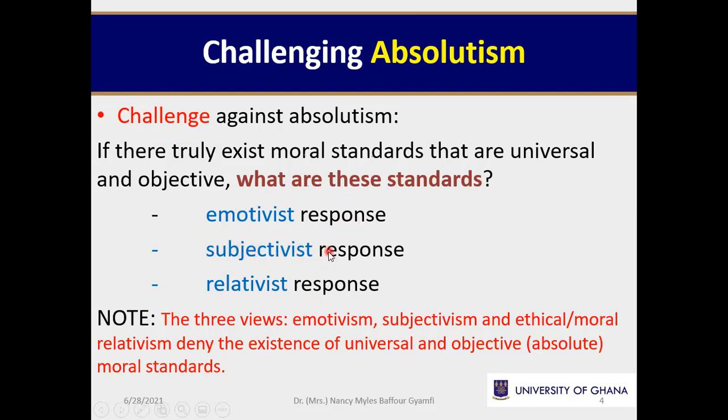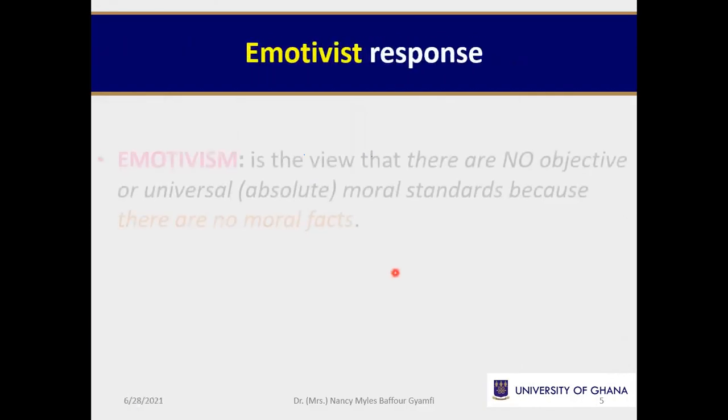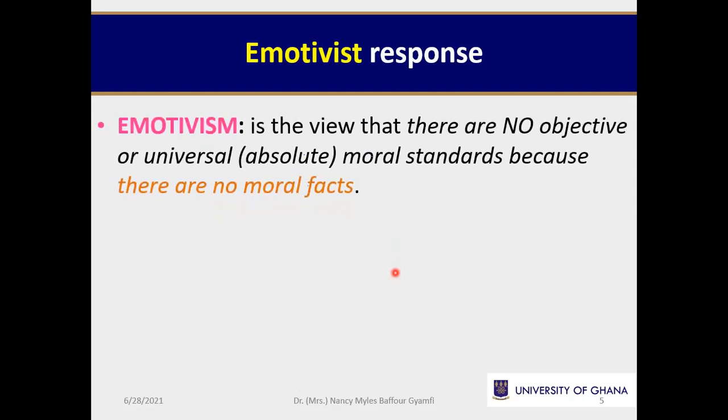All these three, the emotivist response, the subjectivist response, and the relativist response, all disagree, they deny the existence of a universal and objective or absolute moral standard. We are going to go through our slides quickly to see what their objection is against what we have outlined as the absolutist view.